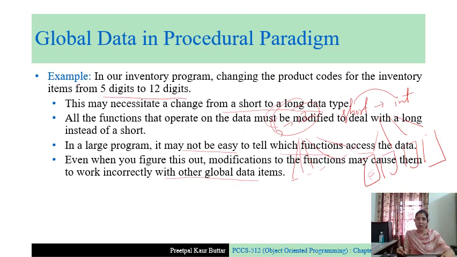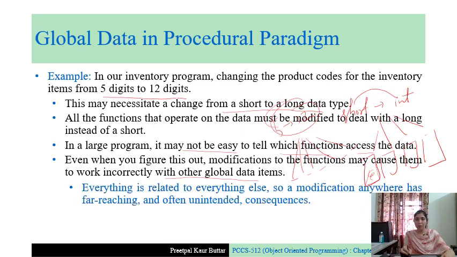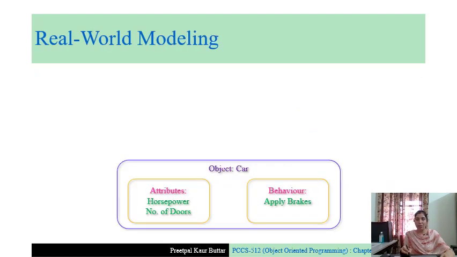We are changing a function because there is a change in a global data item, but as a result of this change, this function might work incorrectly with respect to another global data item. This might happen because everything is related to everything else. So modification anywhere has far-reaching and often unintended consequences. So this is the second problem.